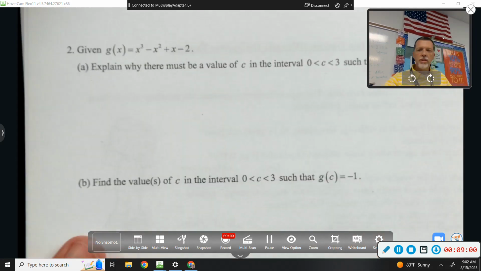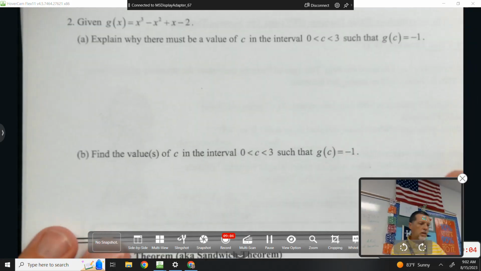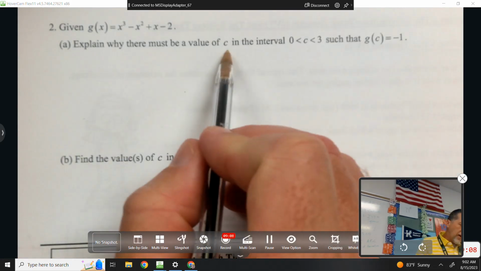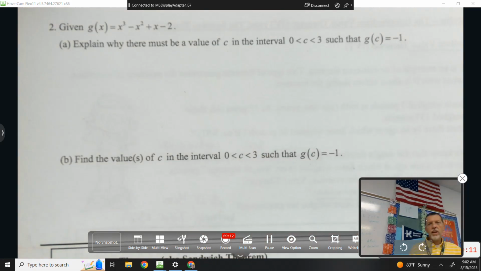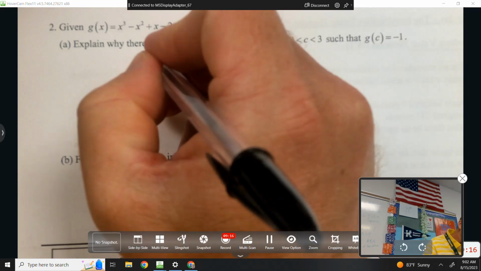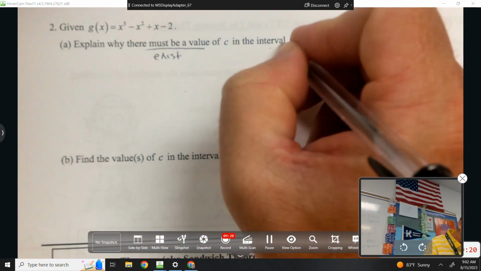Number 2, let's do one with an equation rather than a table. Explain why there must be a value of c in the interval 0 to 3 such that g of c equals -1. So must be, that's an exist kind of thing. There must exist on this interval.